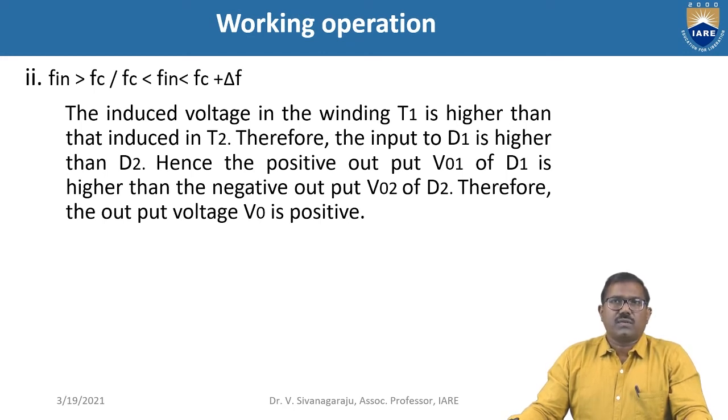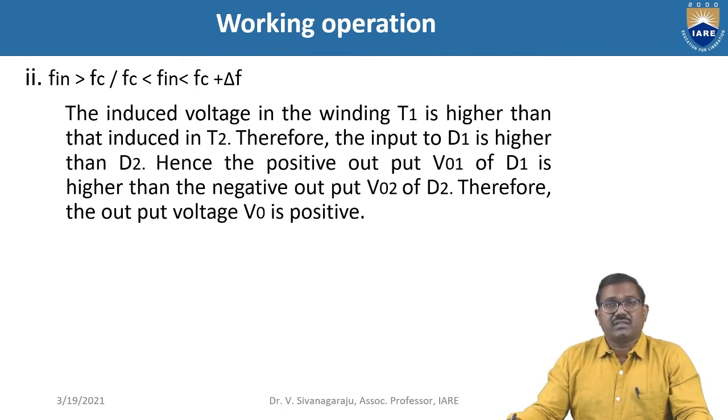So the positive output getting from D1 is higher than the negative output of D2. Therefore, V0 is positive. Why? Because V0 is equal to V01 minus V02. So V01 is a higher positive value than V02. So we're getting positive voltage.